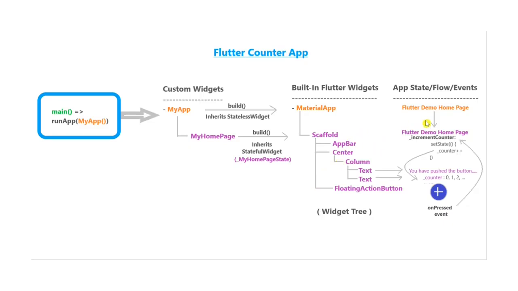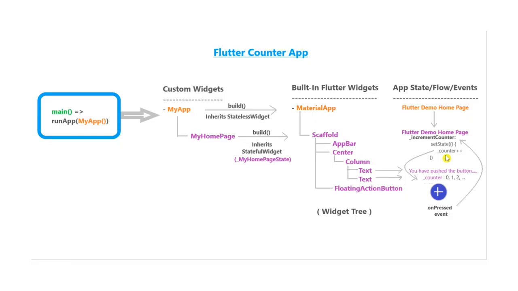And just to give an idea of the app state and the events, what's going on inside. When the button is clicked, you have the onPressed event. With the onPressed event, we have the callback incrementCounter. In the incrementCounter, we have the setState method, which updates the counter and also triggers the UI repaint event.